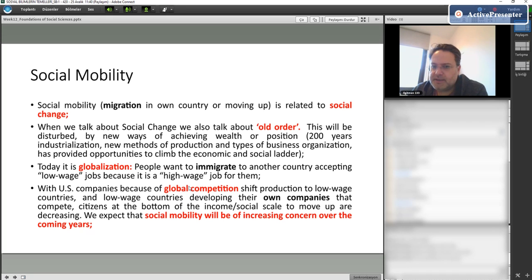Social change means changing the old order. And it's not going to be easy because the old order is maintained partially by existing economy and existing politics. And that would suggest change in economic terms and social terms or political terms. And that could be problematic depending on the type of government.